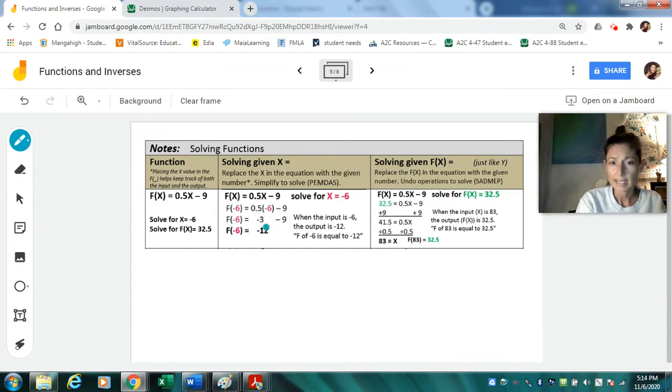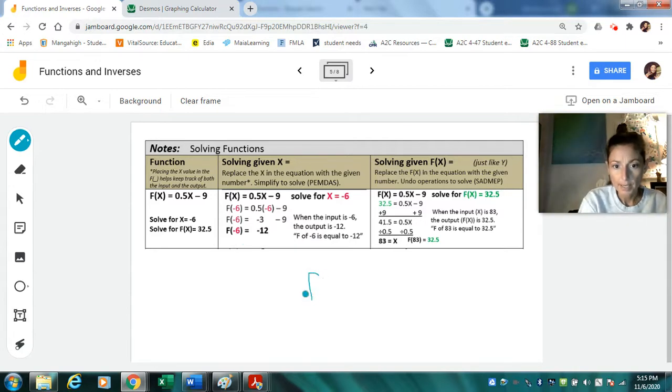So you multiply, combine like terms, and we get -12. And so you would say that as f of negative 6 is equal to negative 12. So that's how we say that, f of. Now it sounds kind of funny, but that's what we say when it's in the parentheses, f of.